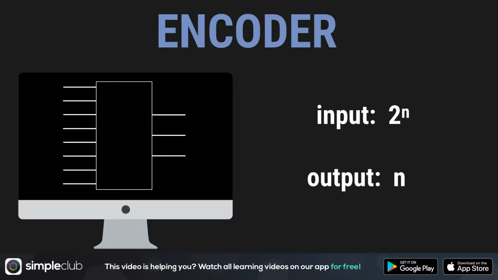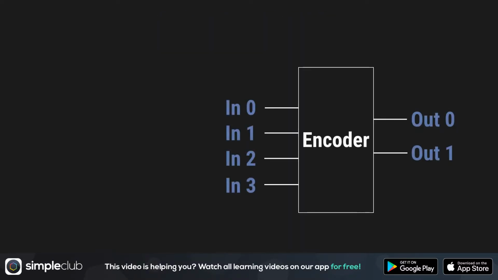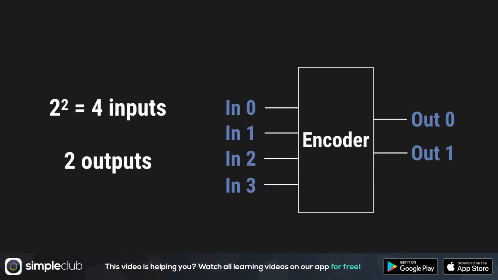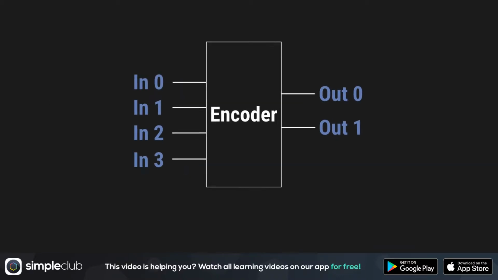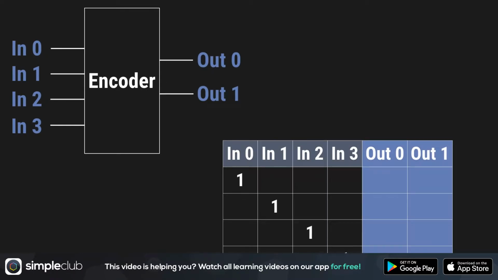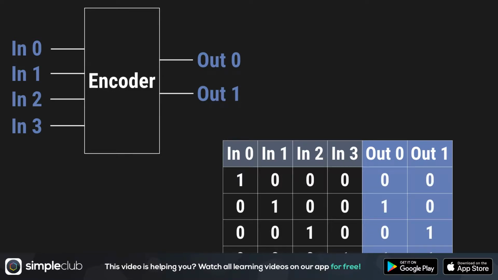If we have a 4 to 2 encoder, it's gonna have 2 squared, that is, 4 inputs and 2 outputs. With the inputs, there's always exactly one with a value of 1 or true. The 2 outputs are always in the form of a binary number with n digits. So, in our case, a 2-digit binary number. The whole thing is basically a mirror image of a decoder.